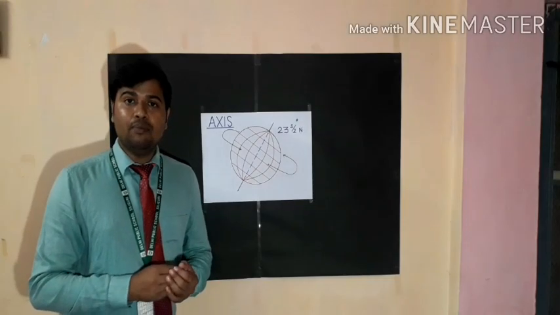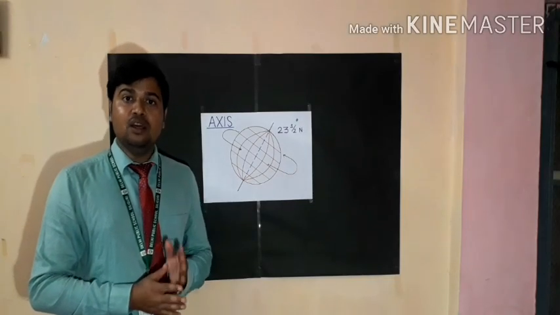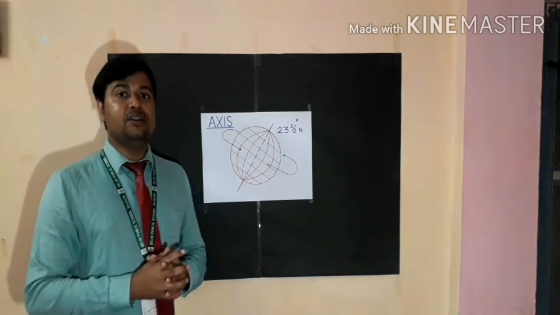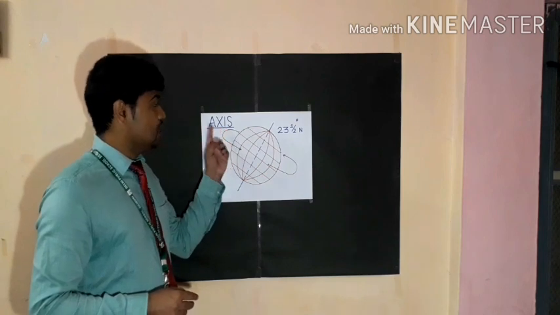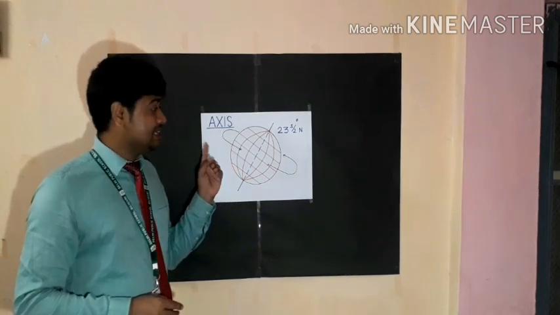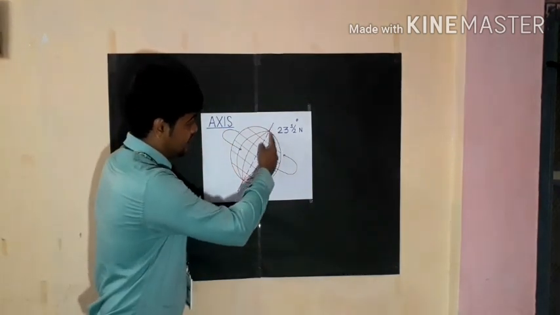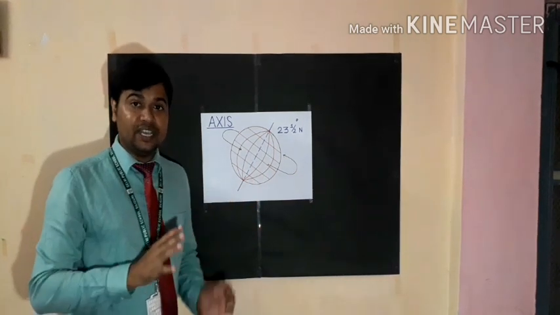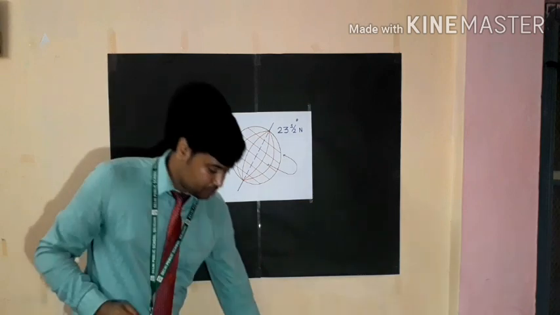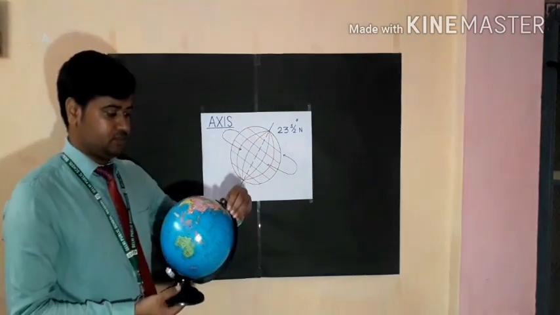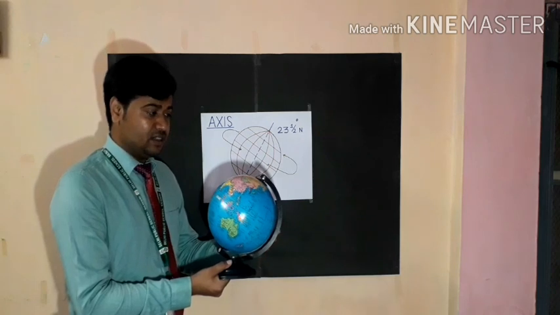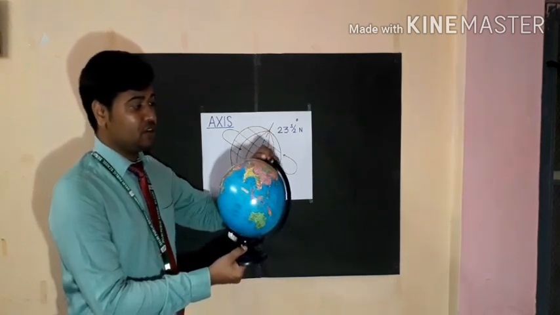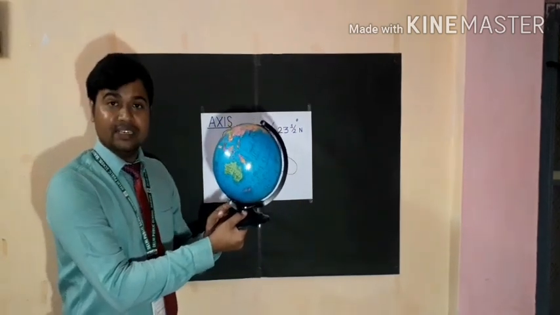Before we discuss the latitudes and longitudes, we need to know some basic things. Number one, axis. What is axis? Axis is an imaginary line on which an object rotates. You can see this globe is spinning because of these 2 points.